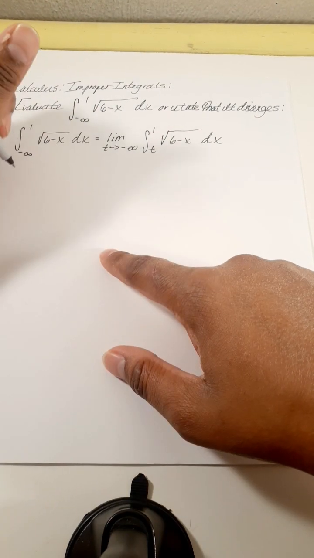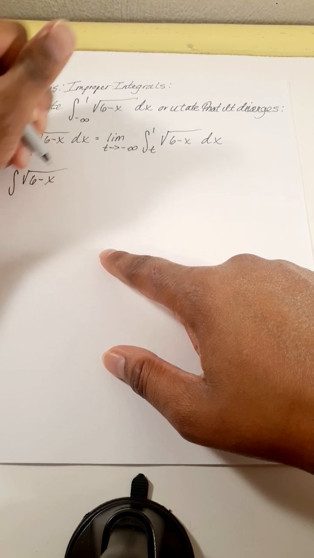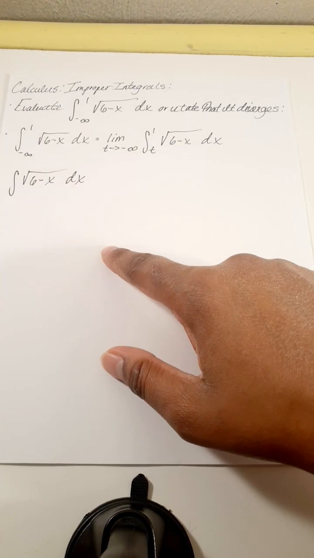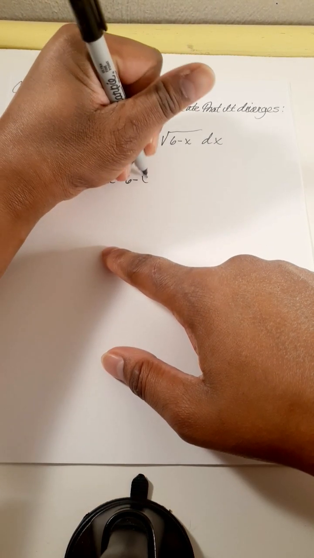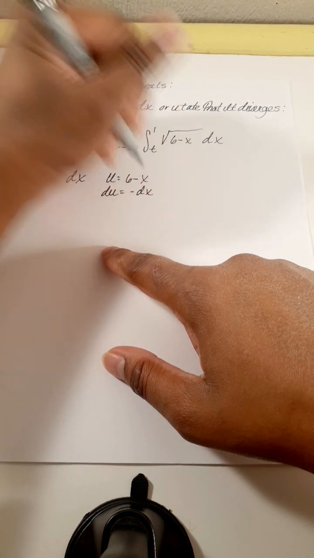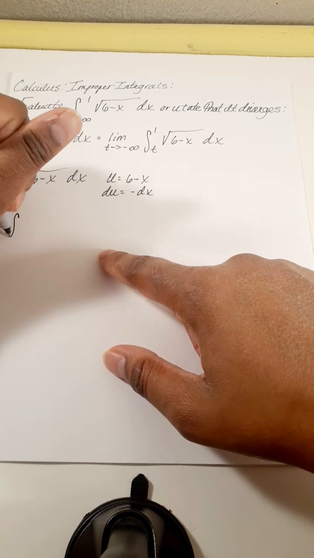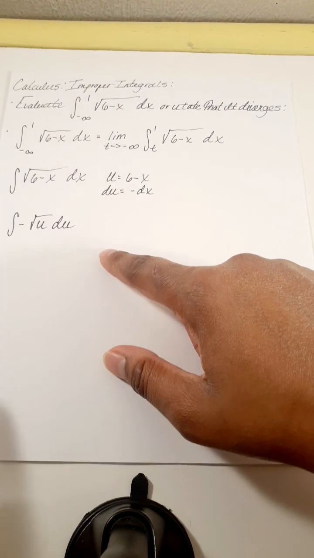So first of all, let's compute the indefinite integral and get that part out of the way. Let's integrate this. Just do a u substitution. Let u equal 6 minus x, and du is negative dx. So what you end up with is negative square root of u du.